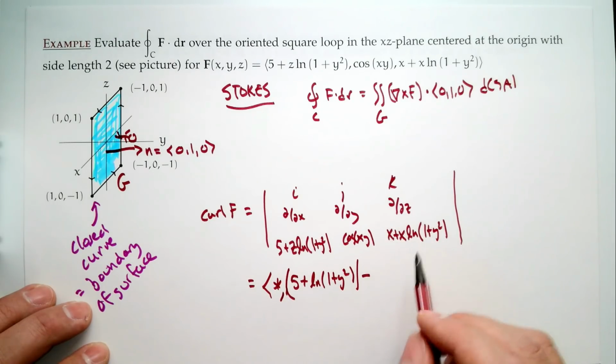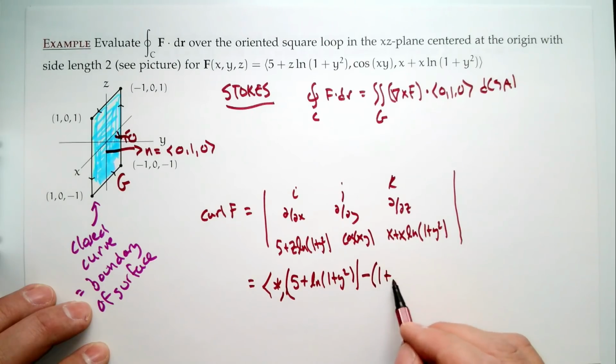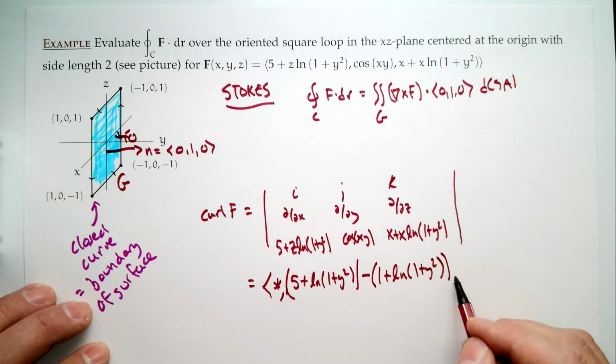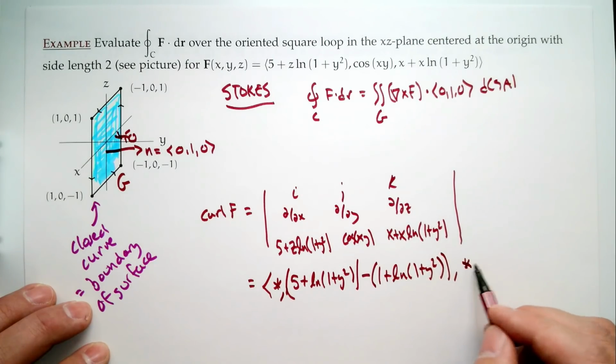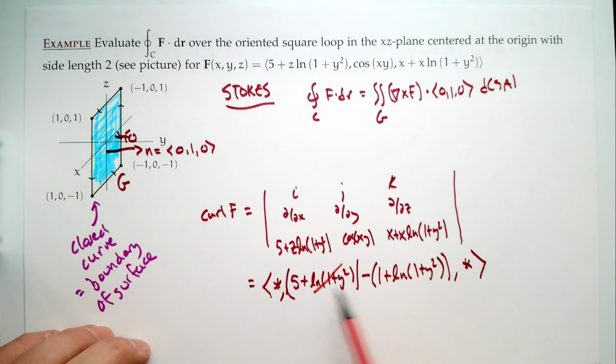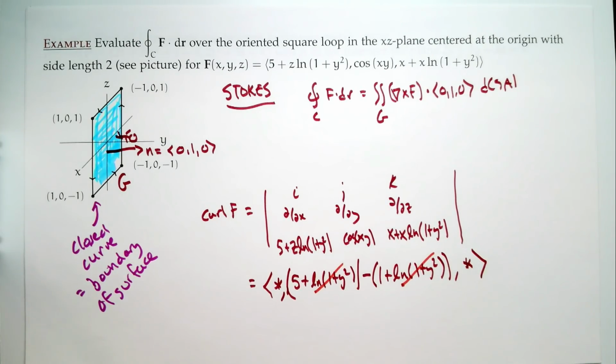Taking the derivative of this with respect to x is 1 plus log of 1 plus y squared. Now we have even twice as many log of 1 plus y squared to worry about. Or do we? The answer is we don't. Because what happens? They cancel. So the curl of f becomes something fairly reasonable. It's something for something.